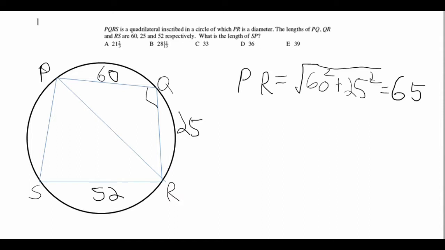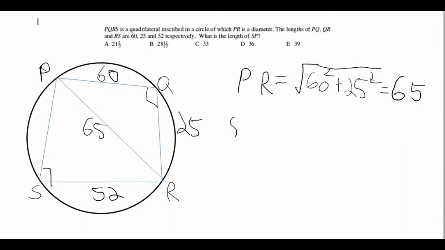And similarly, by the same logic, we can deduce the angle PSR. Because the angle in a semicircle is 90 degrees, we can say that the angle PSR is 90 degrees. We know the hypotenuse of the triangle is 65. So we can use Pythagoras' theorem again to start working out the length of PS.